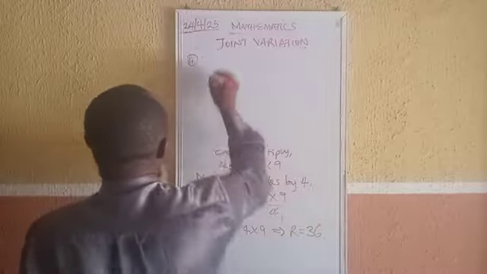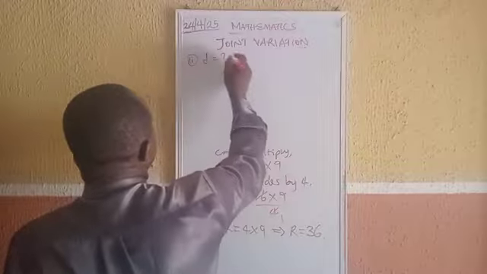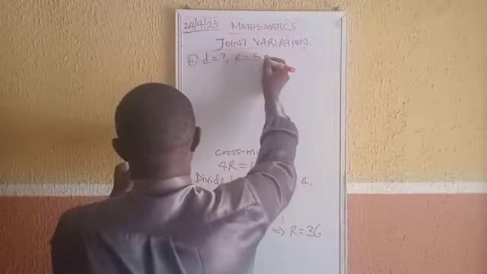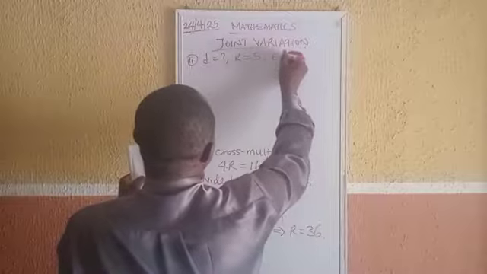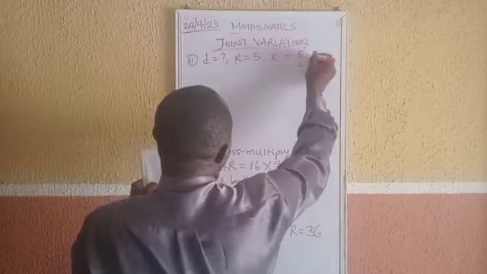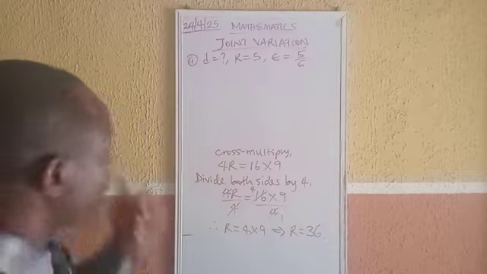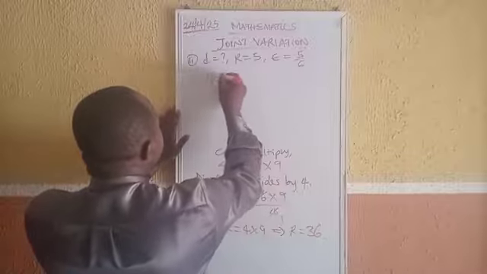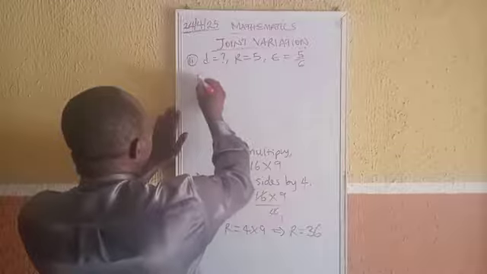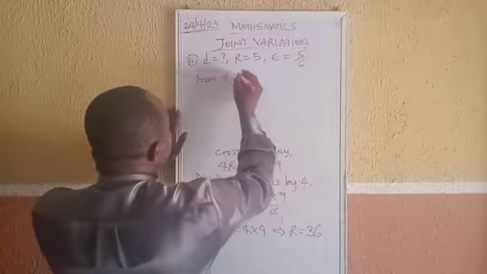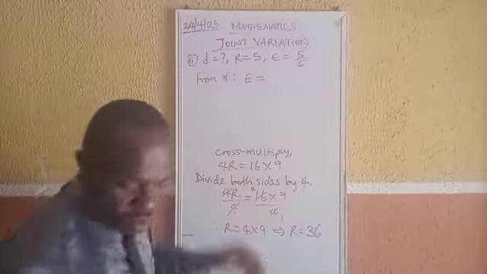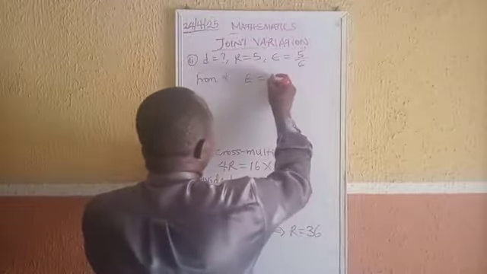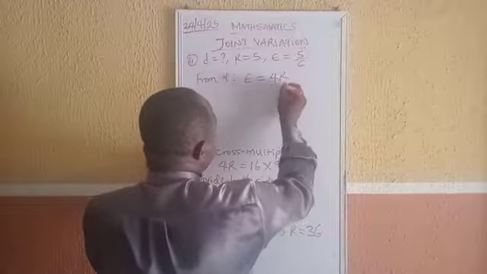We are given the values, we have to find d, we don't know. r is 5. E is 5/6. So from the law of variation, we have that E equals 4r over d square.